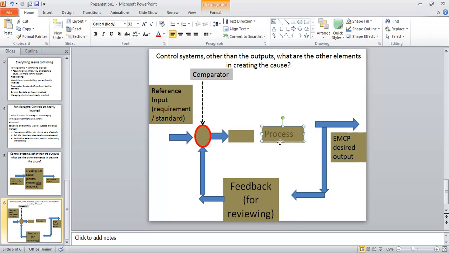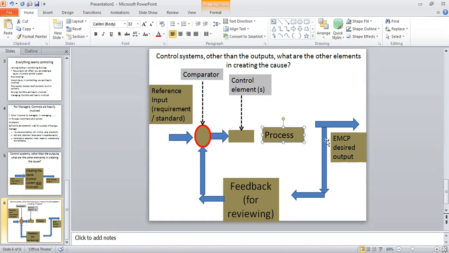Based on this, it is like command and control. It can be a command together with control. So let's say this is a control element. There can be more than one element.